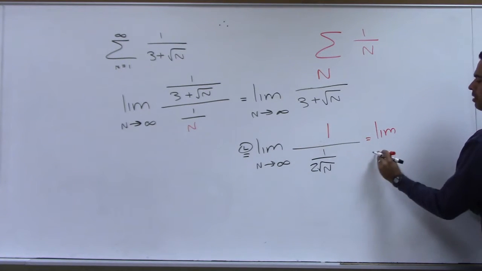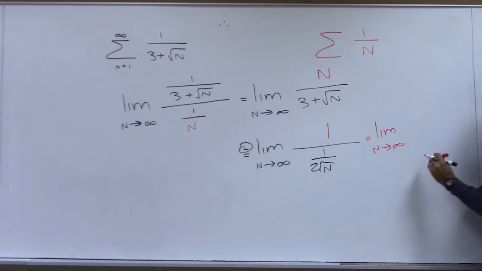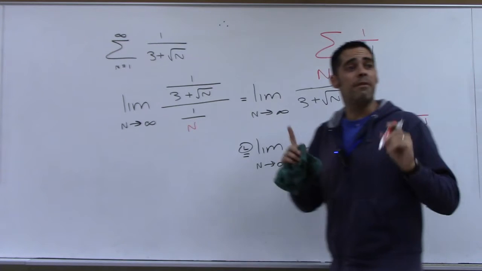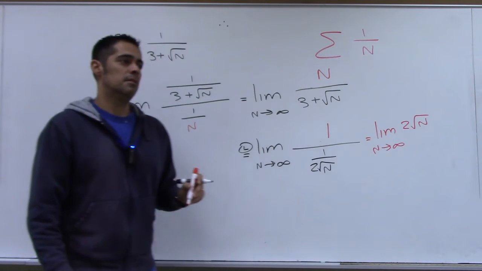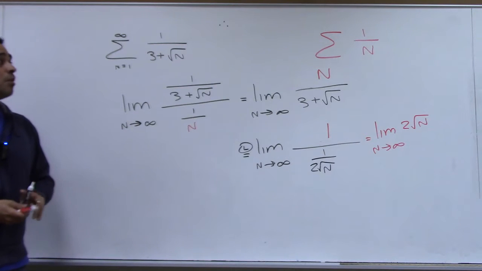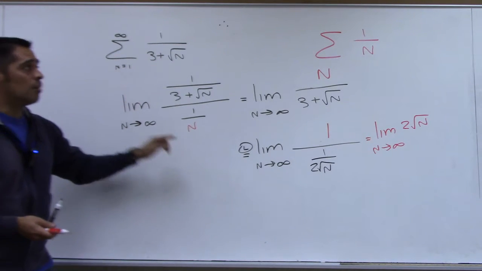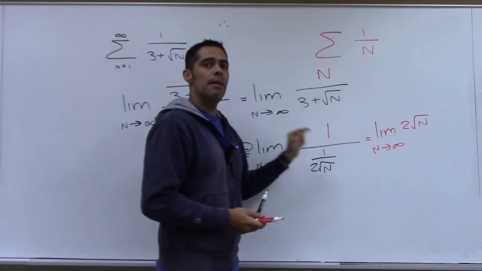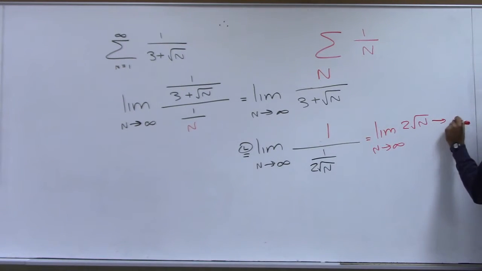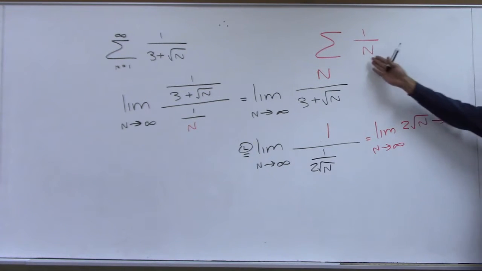Limit as n goes to infinity of 2 root n. And where does that go? Infinity. And the test would have failed. If you had done limit comparison with 1 over n, the test would have failed because this would have gone to infinity, which is not a positive constant. And so your test fails and you would have had to try something else.